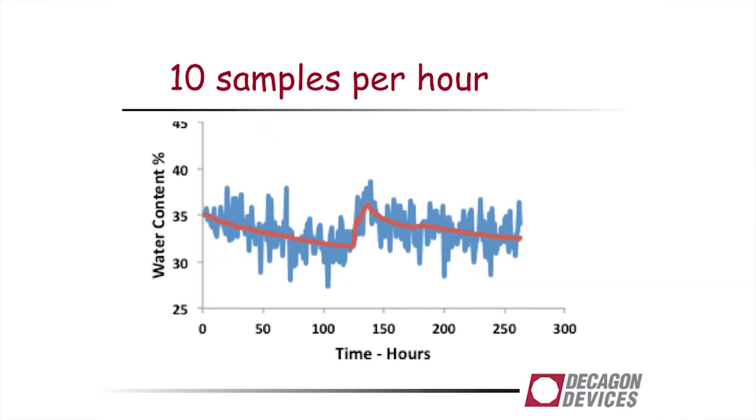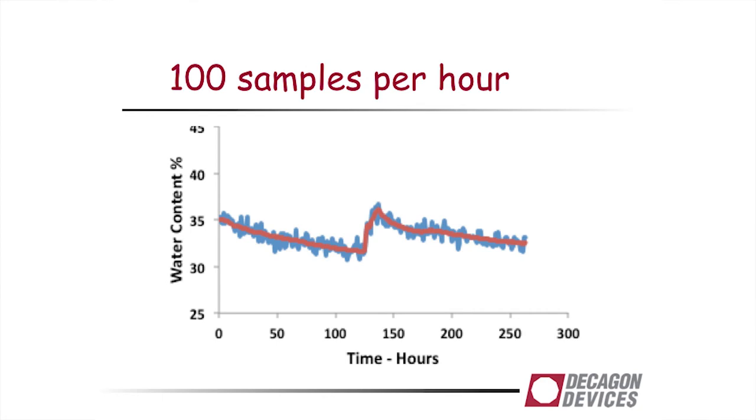In the next slide, I show the result that you would have gotten if you went out and took 10 samples every hour. And here you can see the pattern to some extent of when the drying and wetting occur, but there's still an awful lot of variation in it. The next slide shows the result of taking 100 samples every hour.